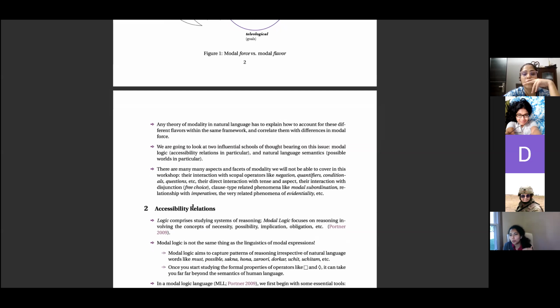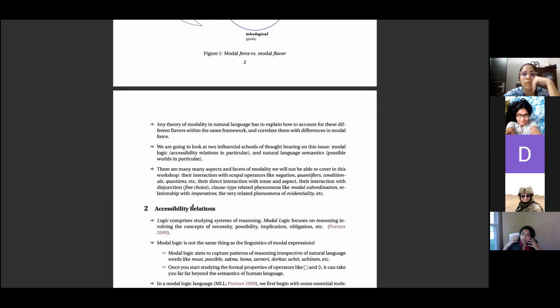The second bullet point there under section 2: modal logic is not the same thing as the linguistics of modal expressions. I have seen many students who confuse them, saying that if I'm doing modal logic, I'm necessarily doing natural language semantics. No, that is not true.